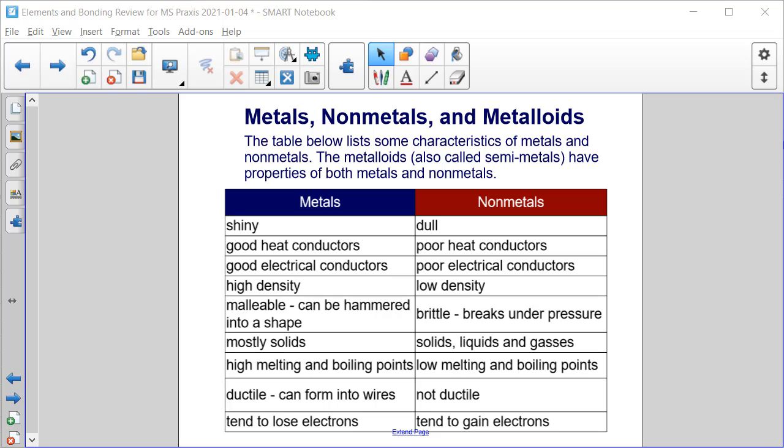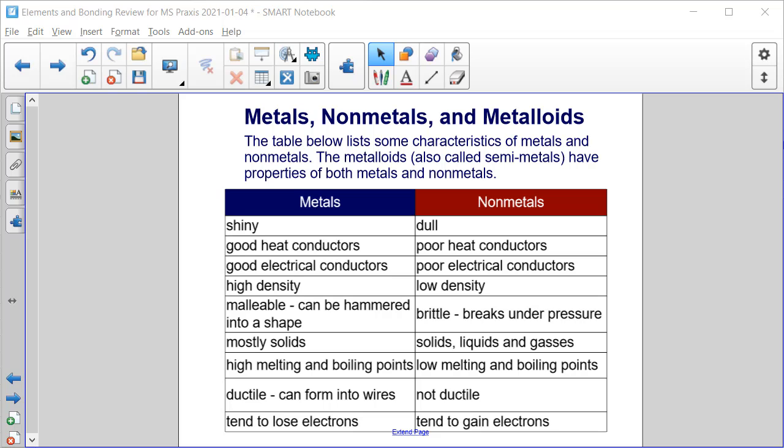Nonmetals can be solids, liquids, and gases. Metals have high melting and boiling points, whereas nonmetals have low melting and boiling points. Metals are what we call ductile, which means that you can draw them or form them into wires, whereas nonmetals cannot be formed into wires.